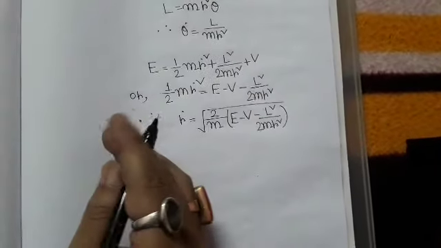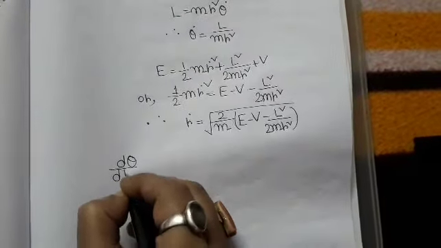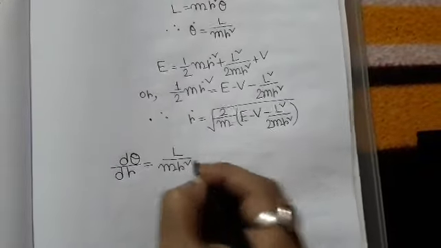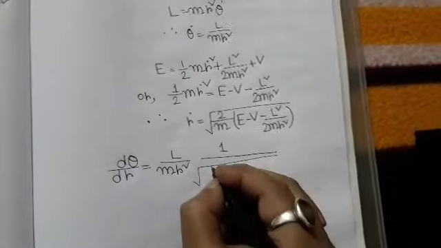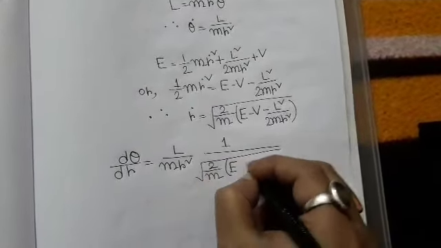Now if we divide, we get d theta by dr equals L by m r squared into 1 by the square root of this term, that is 2 by m into E minus V minus L squared by 2 m r squared. Now what is V?